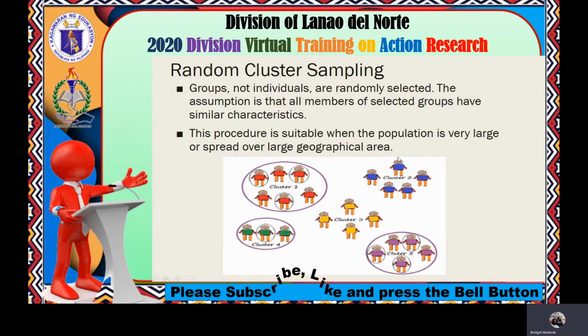So what you're going to do is select which particular schools division you are going to conduct your study in. And then in that division, for all of the dropouts, you are going to provide intervention. So that's the sense of random cluster sampling.